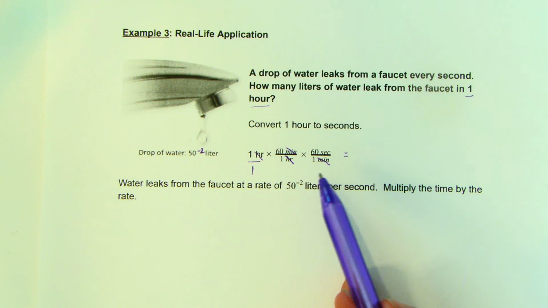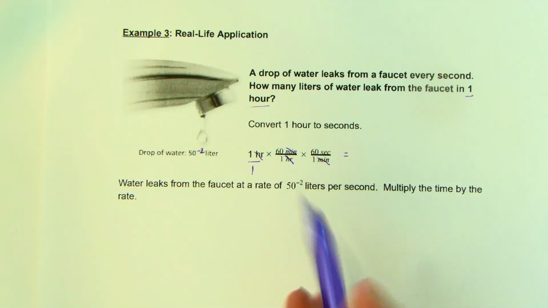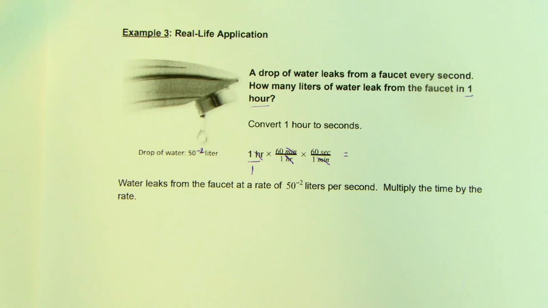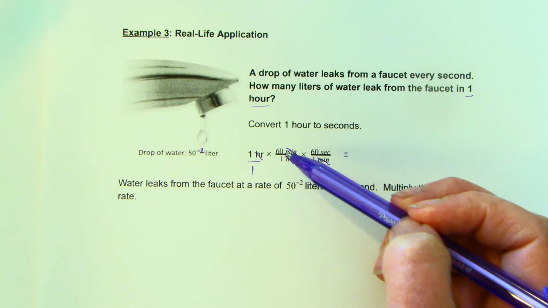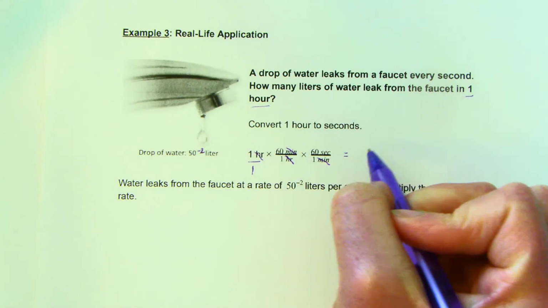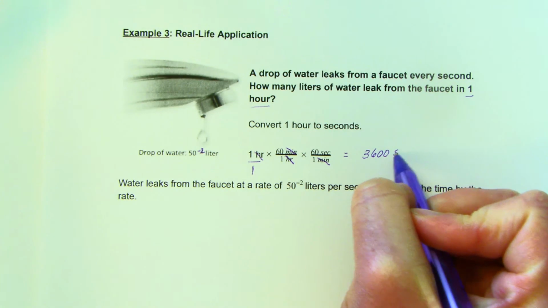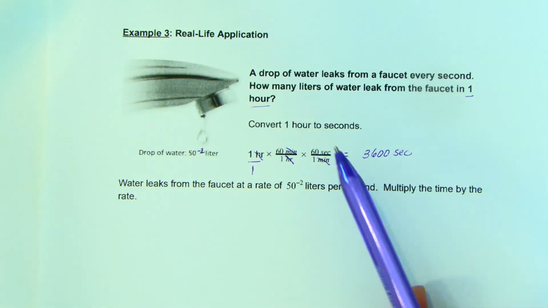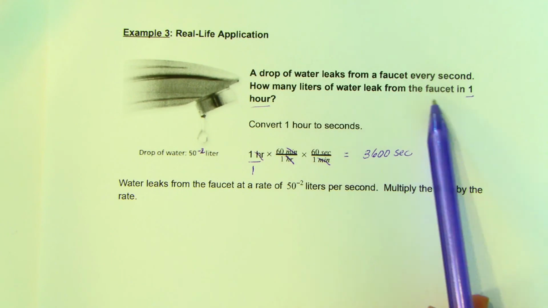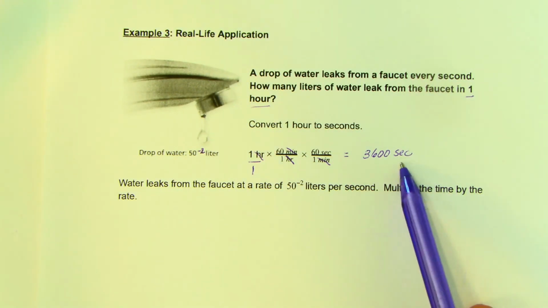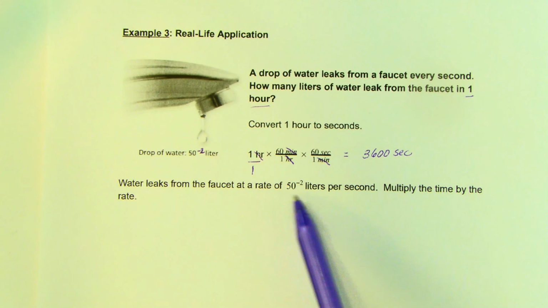Lots of times, if you can't figure out quite what to do, you can let the units kind of drive the problem. The units will help you to set things up and figure out what to multiply together. All right, then we've got 60 times 60. That's 3,600 seconds. So we've got how many liters of water leak from the faucet in 1 hour? That's 3,600 seconds. Here's the rate that it's leaking.